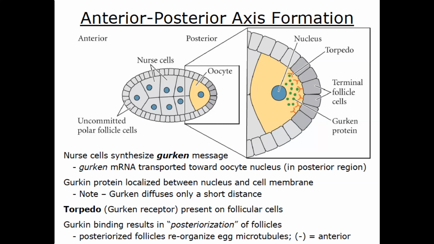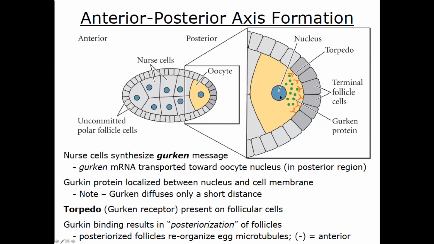direction. Essentially things need to move from one end to the other. If you have to asymmetrically localize things, you have to be able to place them in the embryo. And how do you place things in the egg or in the oocyte? By organizing the microtubules in a way that the movement along the microtubules is going to establish what is going to be in the anterior end or in the posterior end.